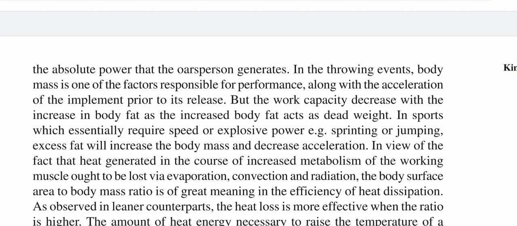The body surface area to body mass ratio is of great importance in the efficiency of heat dissipation. As observed in leaner counterparts, the heat loss is more effective when the ratio is higher.